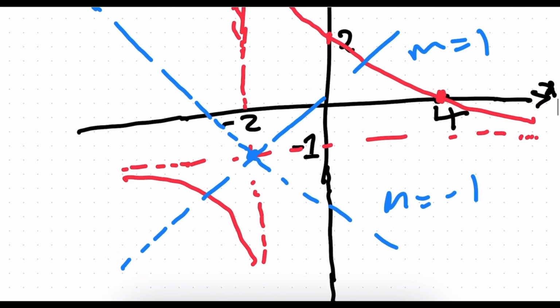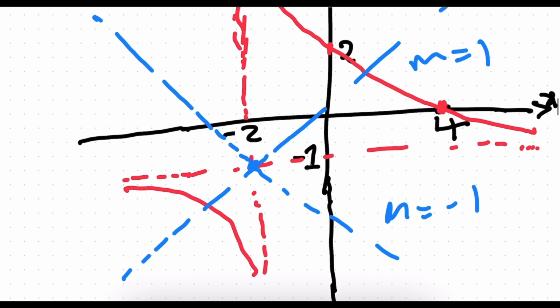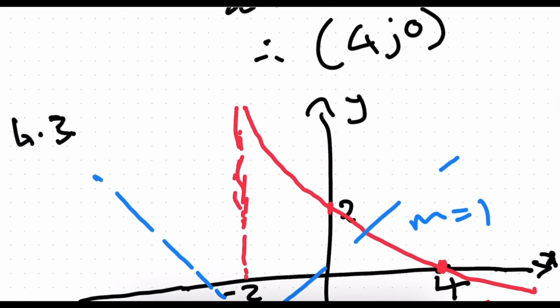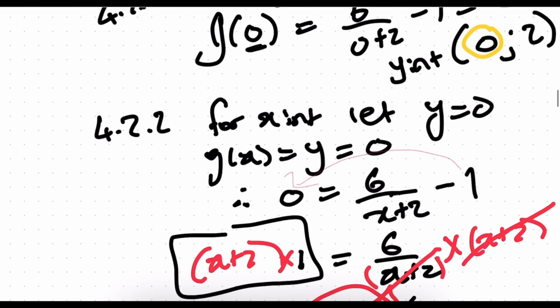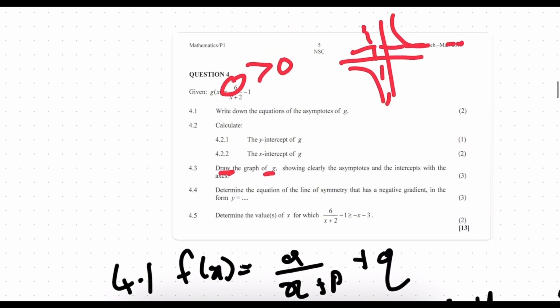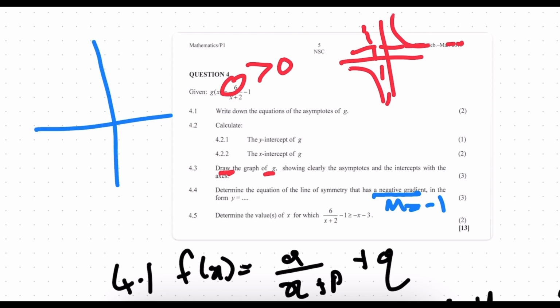So when they specify that it should have a negative gradient, you know that the gradient is -1. It can either be 1 or -1. If my graph was this way, that line would have a positive gradient of 1.